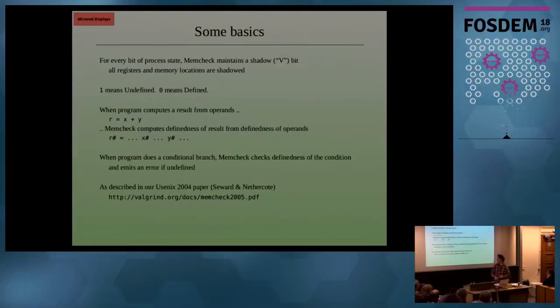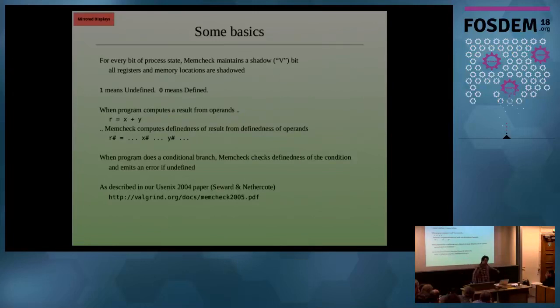When we come to calculate a value from operands, like r equals x plus y, Memcheck has shadow values of the same size, which I write as x# and y#. Literally, if x is 16 bits, then x# is also a 16-bit thing containing shadow bits. Then we want to compute the definedness of the result, r#.